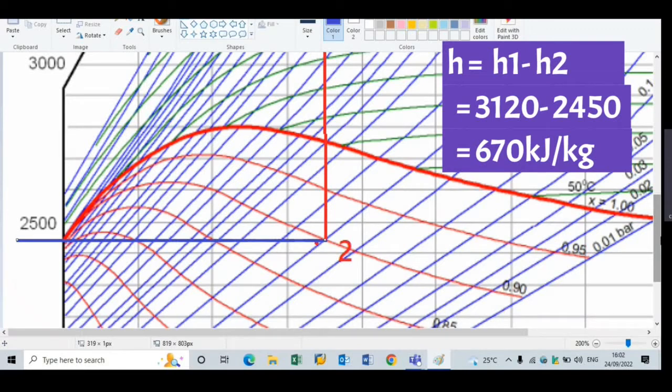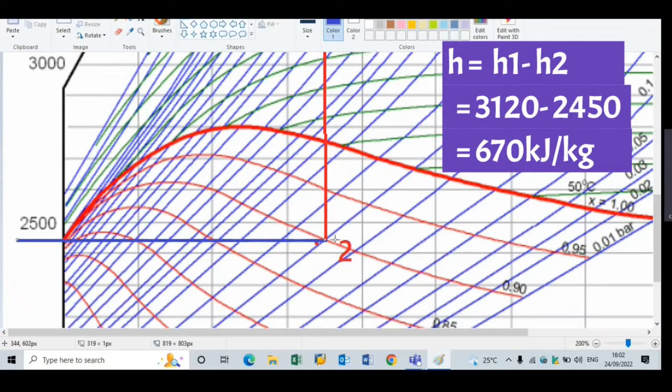Now we will find out what is the final condition of steam. So what is the meaning of condition? That means we have to find out whether the steam is saturated water, or dry saturated, or superheated, or it is wet. Now for the final condition of steam, we have to observe this point 2.